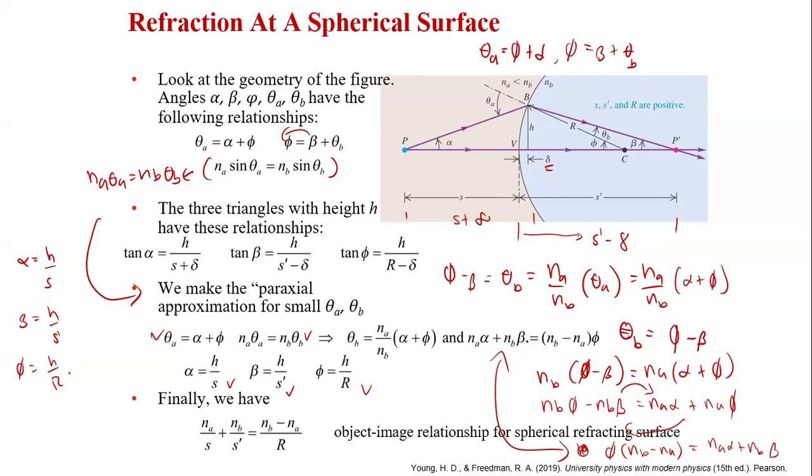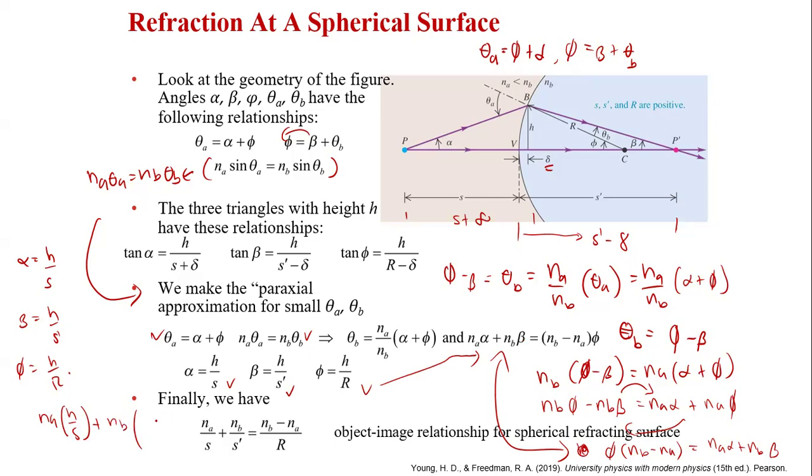Since this one is equal, we have that relationship, we put those angles here. So what will happen will become n_a, and angle alpha is just h over s plus n_b.